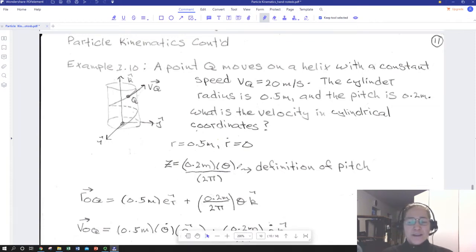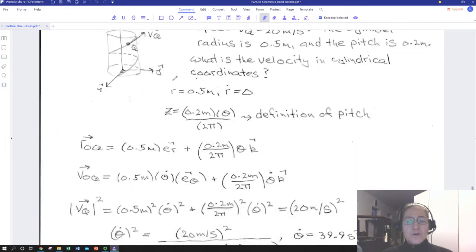So we can express z in terms of theta using our pitch definition. Just these two give us our position vector. In terms of cylindrical, we have 0.5 meters in the r hat direction, and then we have our z expression in terms of theta in the k hat.